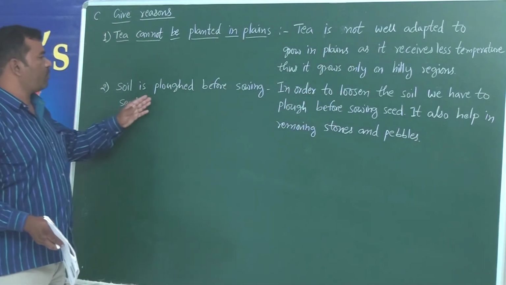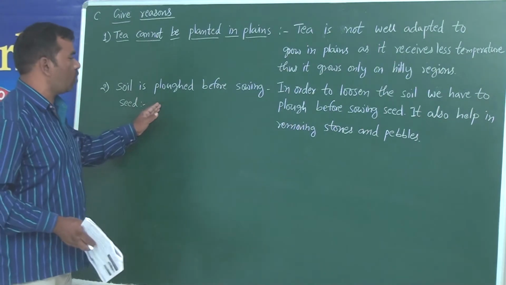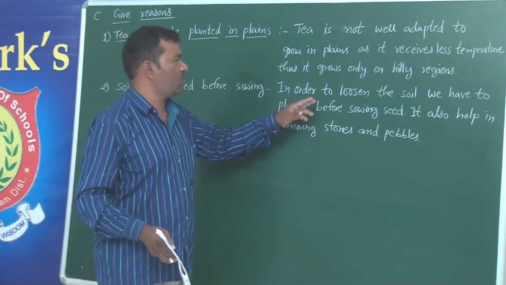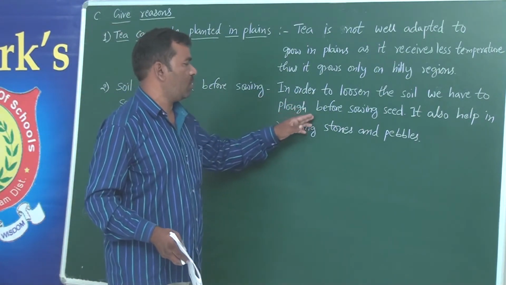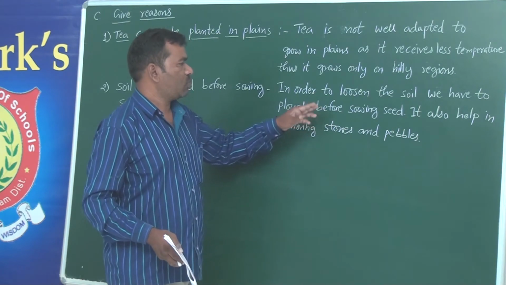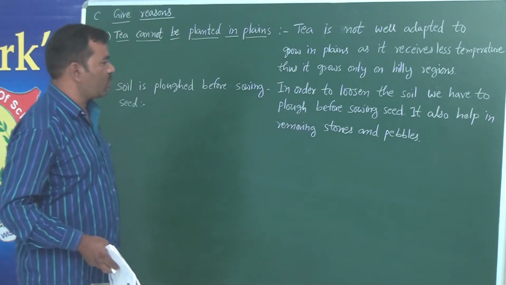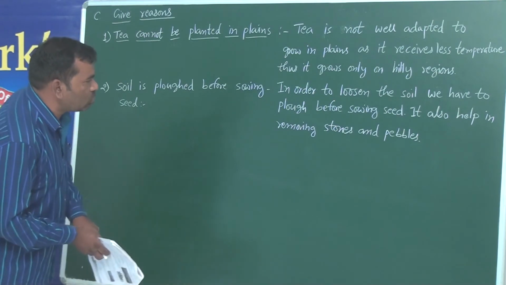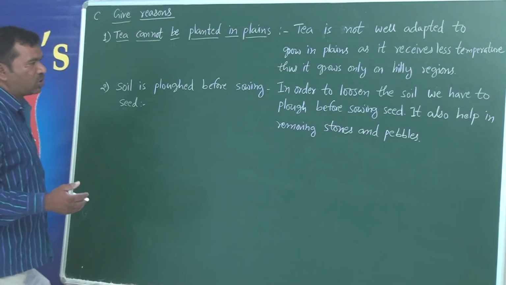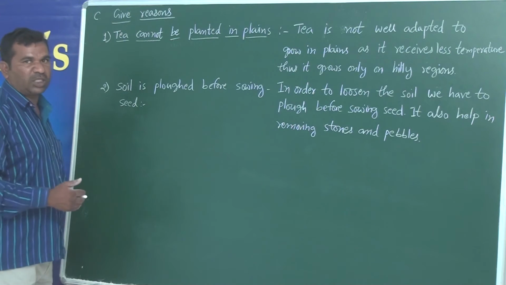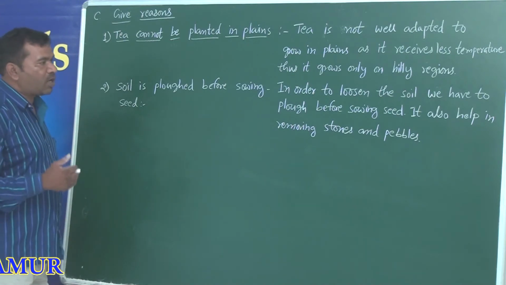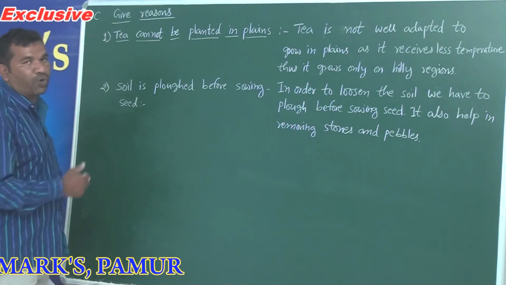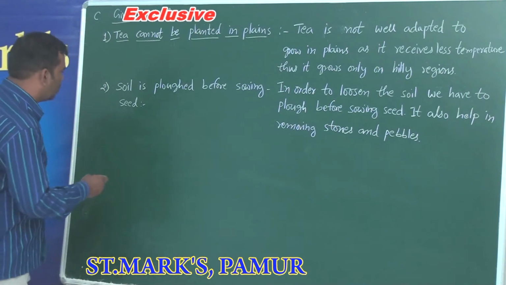Understand? So why do we need to plough the soil before sowing seeds? In order to loosen the soil, we have to plough before sowing seeds. It also helps in removing stones and pebbles. Whatever stones and pebbles are present in the soil, we can remove them through ploughing.